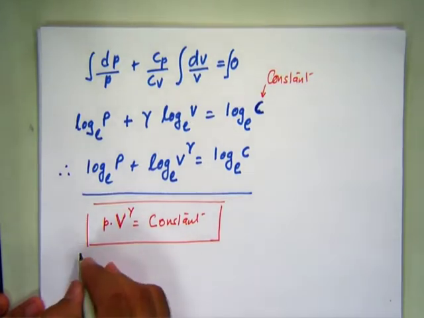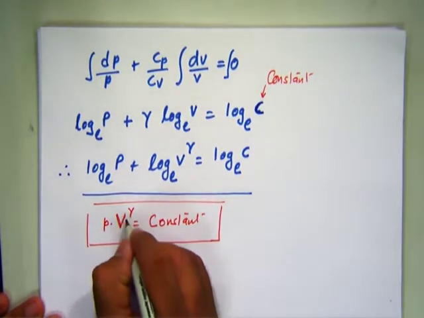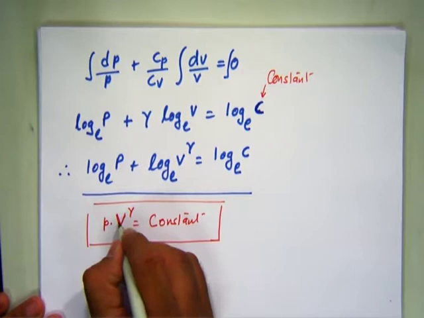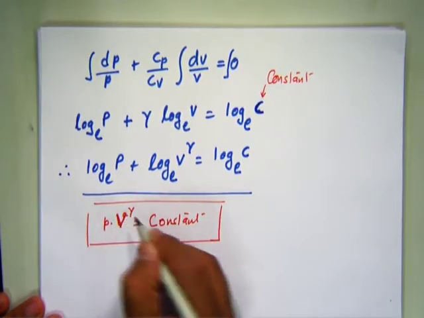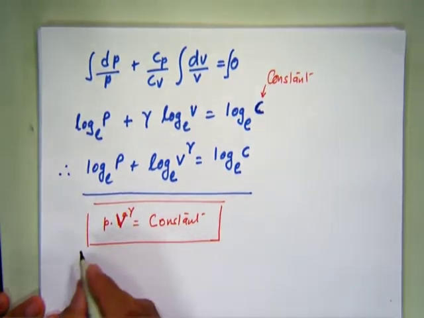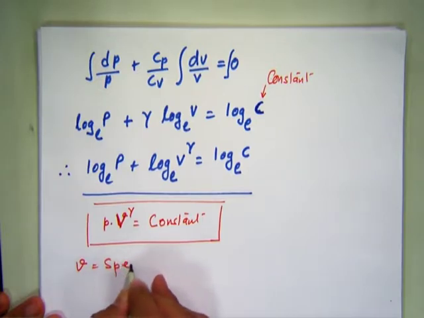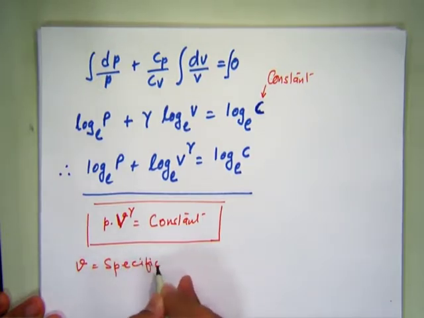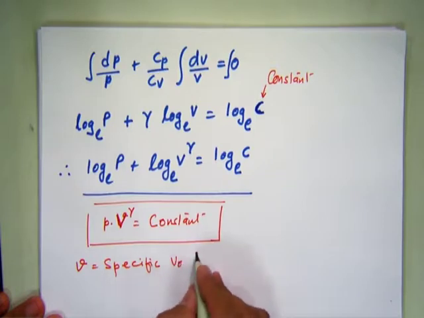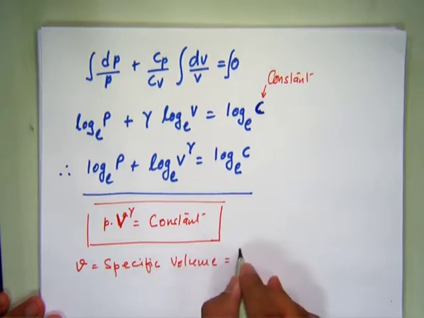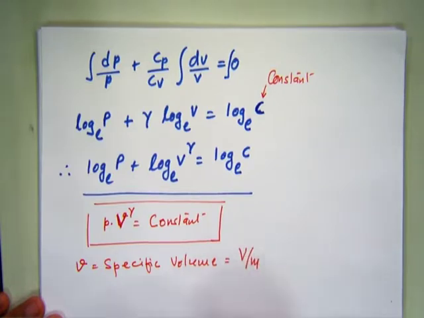Now here this v is specific volume, basically small v, and that specific volume v is equal to the total volume per unit mass.